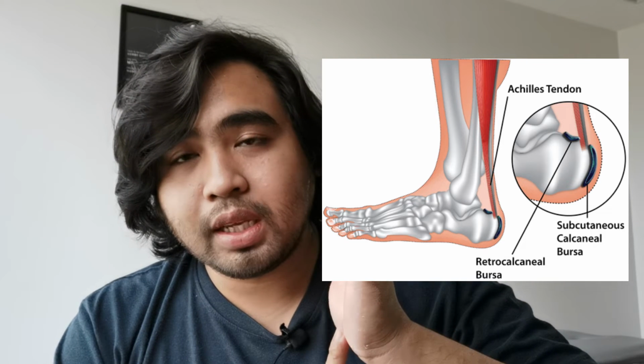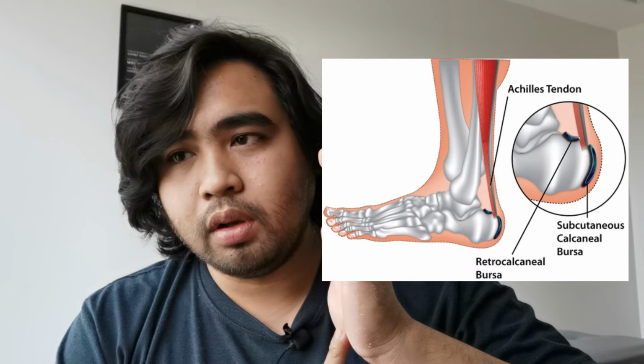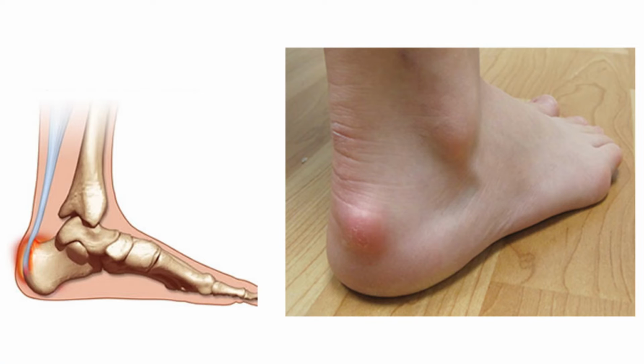When this bursa is irritated, for example, whenever we move our foot this way a lot of times, you will feel inflammation on that bursa. What you will see on the back part of your heel is an indentation, so that's where you can check if you have retrocalcaneal bursitis rather than PF or plantar fasciitis.